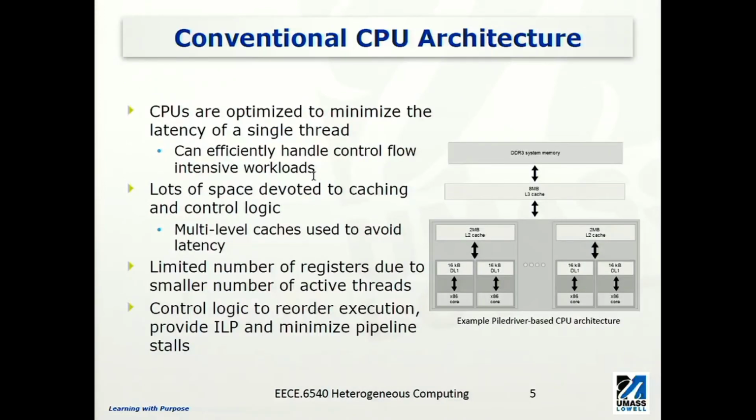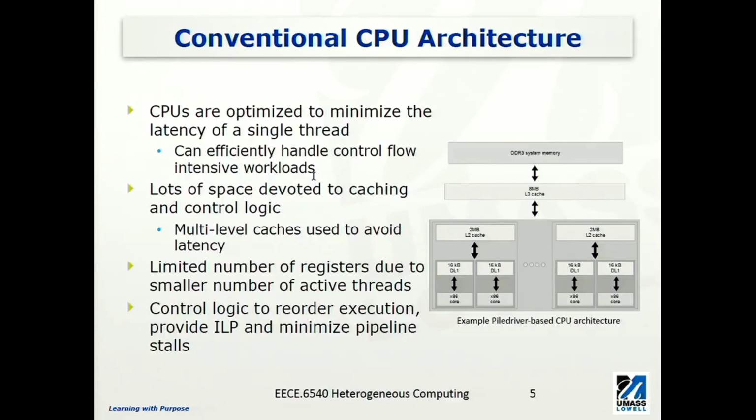Conventionally, a CPU is optimized to minimize the latency of a single thread. A single thread can be a stream of instructions from one program, and we would like to efficiently handle control flow intensive workloads. In other words, we want to be able to execute any programs, even though they may have a lot of branch instructions.